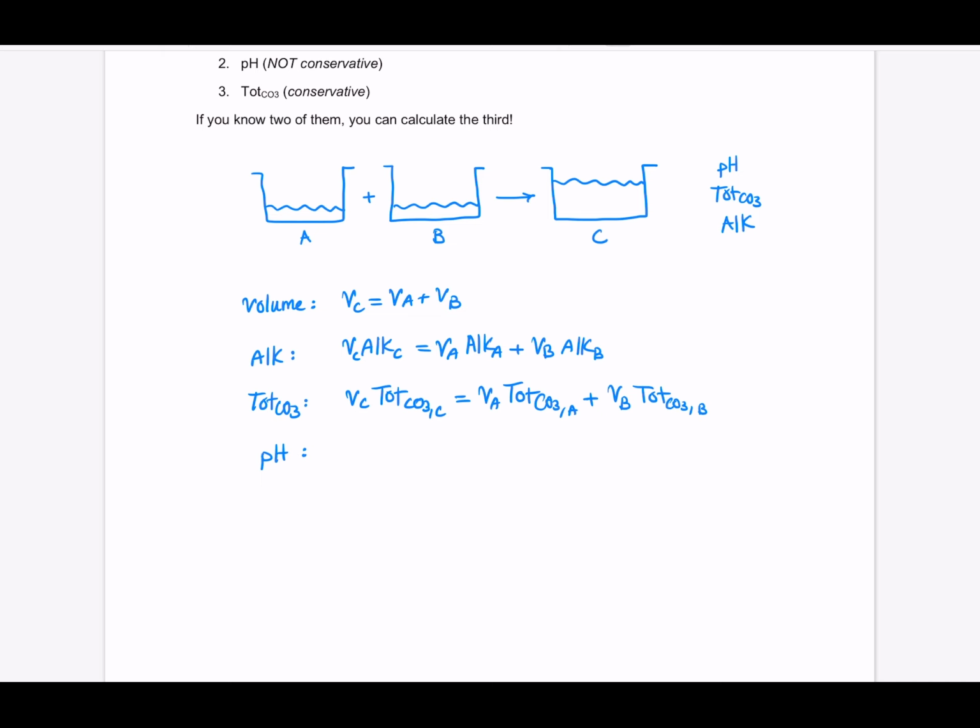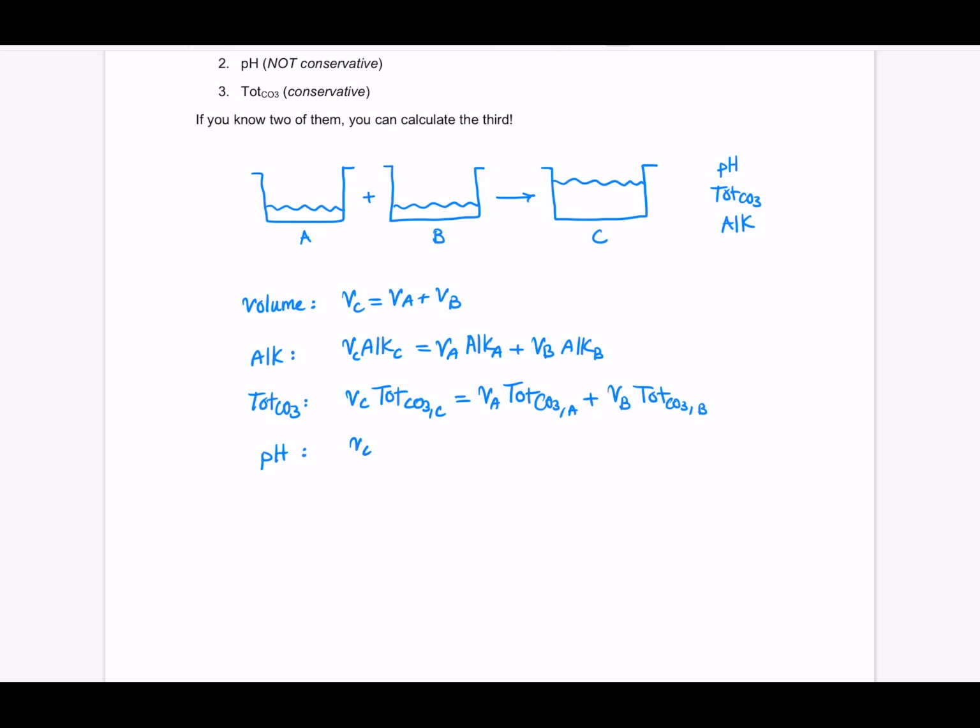It's a very practical example, right? You have two mixtures, let's say a Coke and a Diet Coke, and you mix them together. What's the pH of that mixture? It's very practical.